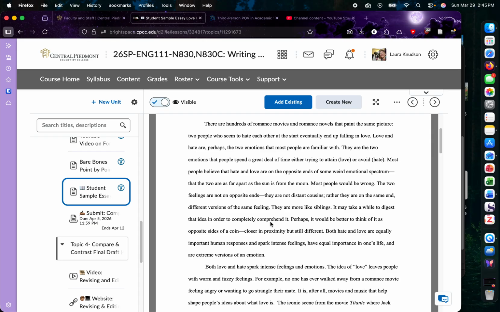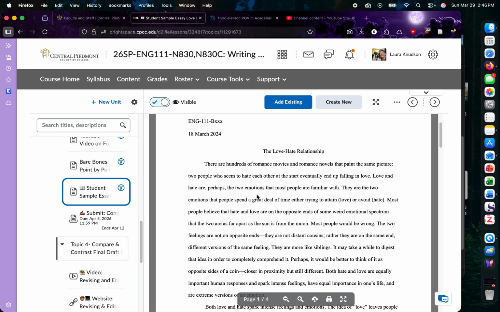We all know about romance novels and romance movies, and we also know, unfortunately now in our culture, an awful lot about hate as well. So this should not be a shocker to think about love and hate as being two types of emotions. However, this person is arguing something that's kind of different.